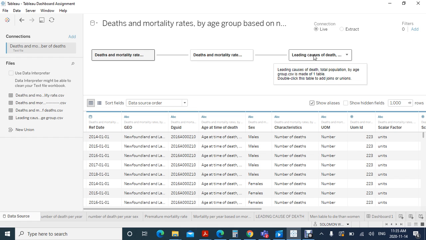And the last data source has to do with what are the leading causes of death in New Brunswick. So all these are my data sources.